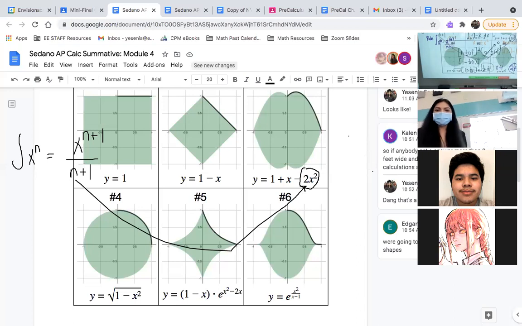Everyone, I would like to get a draft. Go ahead and turn in a draft, get an attempt in, because once this week is over, we're going to go into mini modules and then back into the mini final. We're still going to work on this, but I do want a draft.